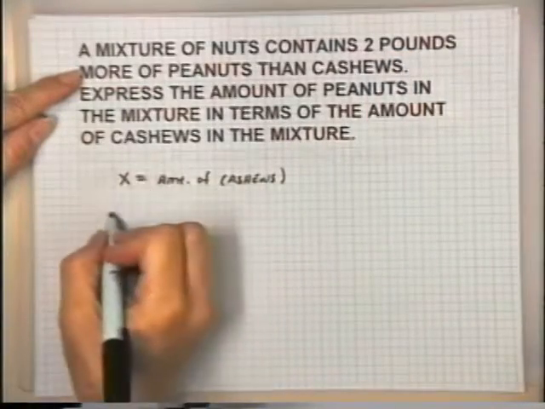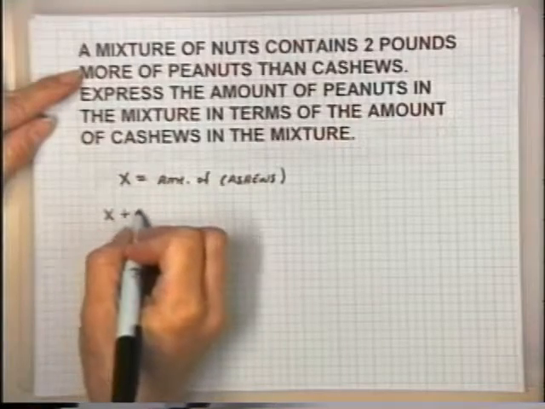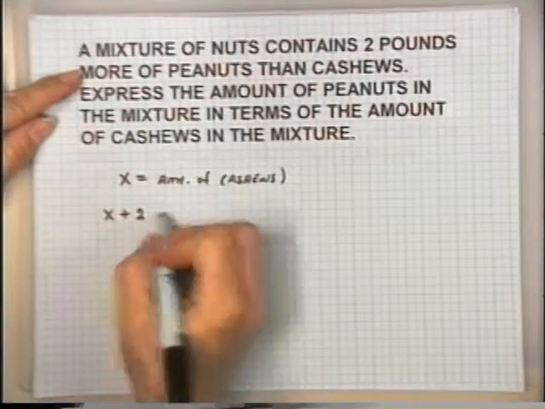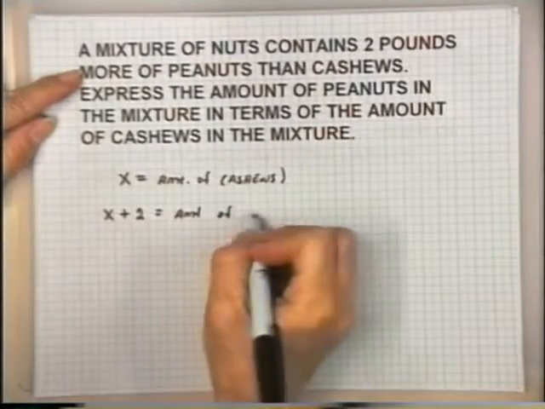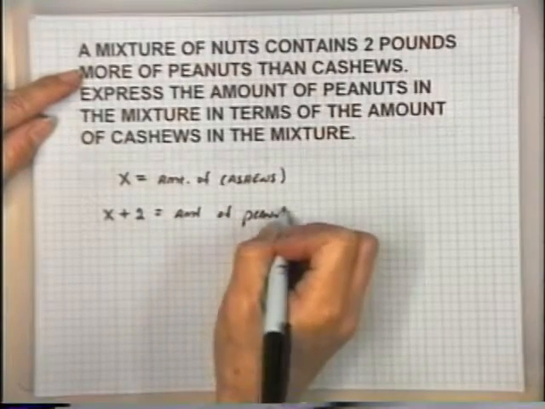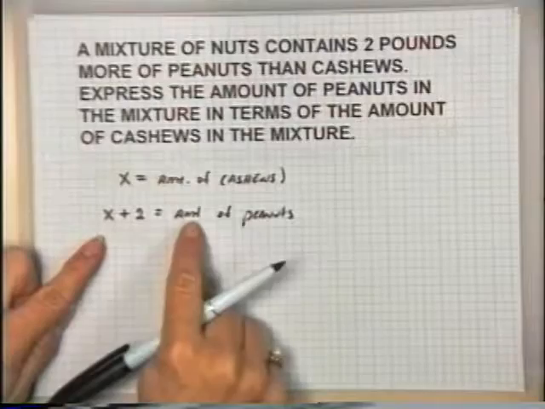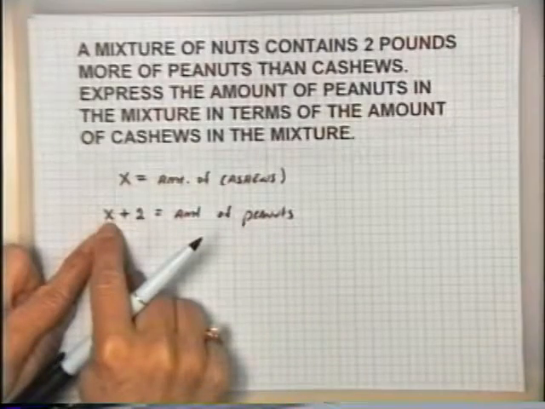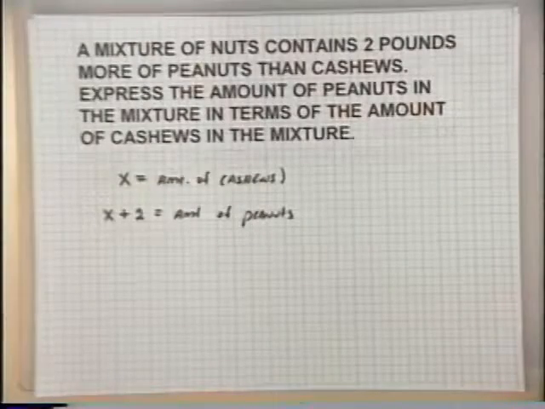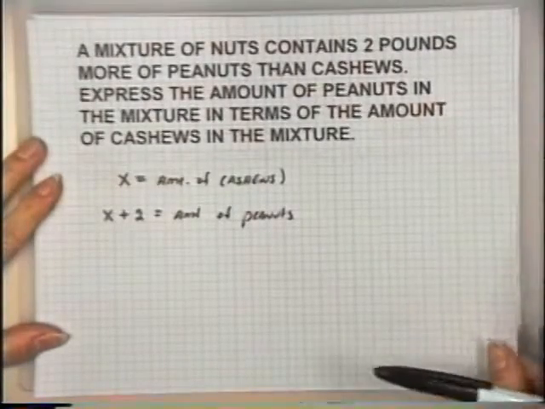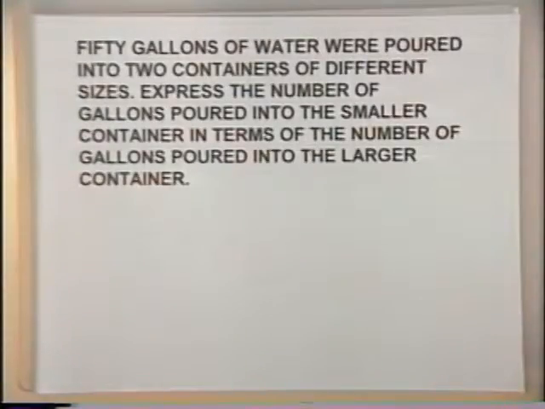So if we take our amount of cashews, we will need to add 2 pounds to that to get the amount of peanuts. As before, you can see that we have expressed the amount of peanuts using the variable that we chose for the amount of cashews. I have one other example I want to show you in this session.